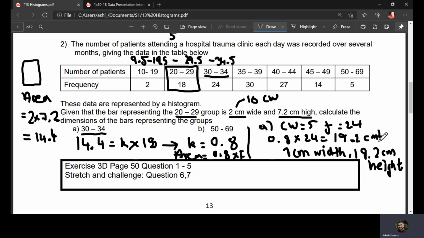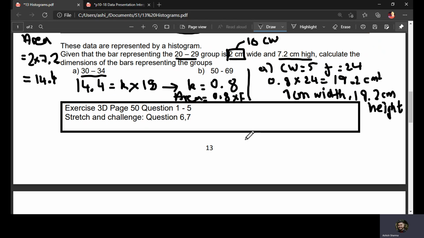We've got to construct that area. We know that a class width of 10, from the information given to us for the 20 to 29 bar, is 2 centimeters across. So that means a class width of 5 will give 1 centimeter across and therefore 19.2 centimeters high.